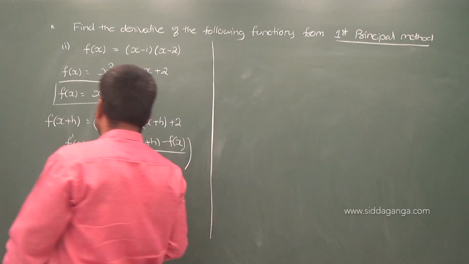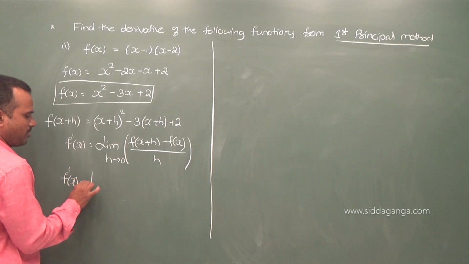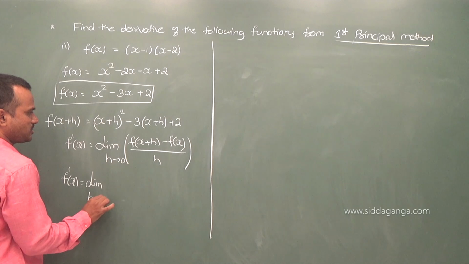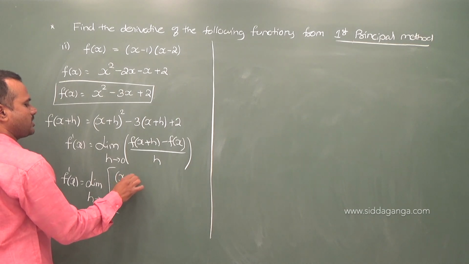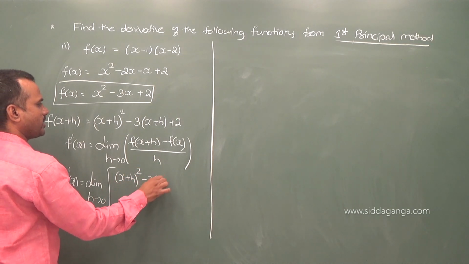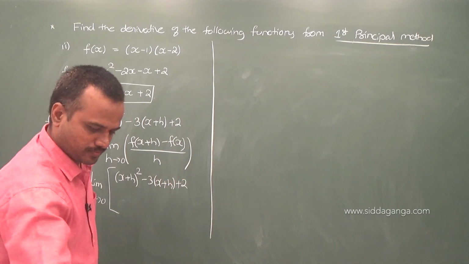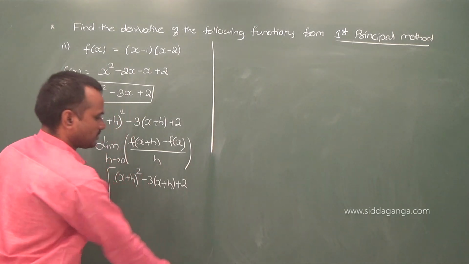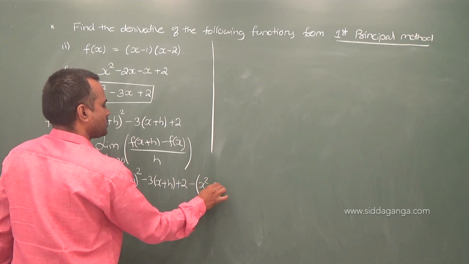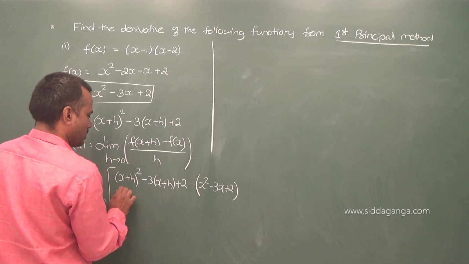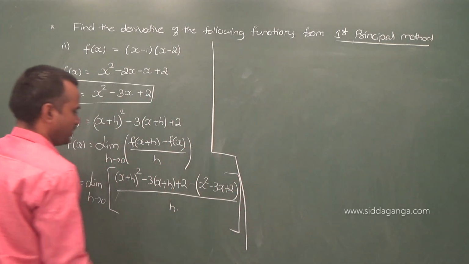Okay, we substitute the values. So f'(x) is limit h tends to 0, ((x+h)² − 3(x+h) + 2) minus (x² − 3x + 2), whole divided by h.